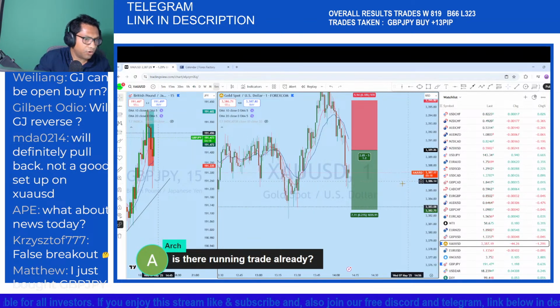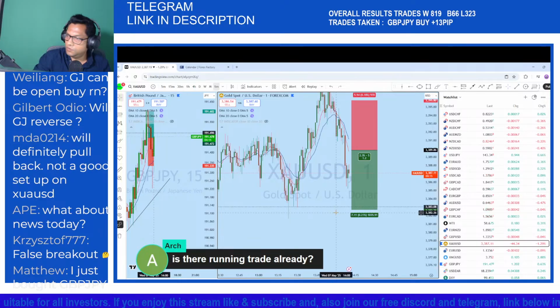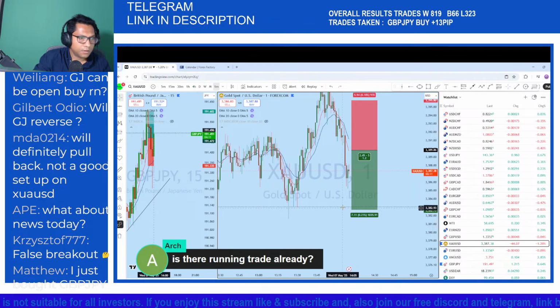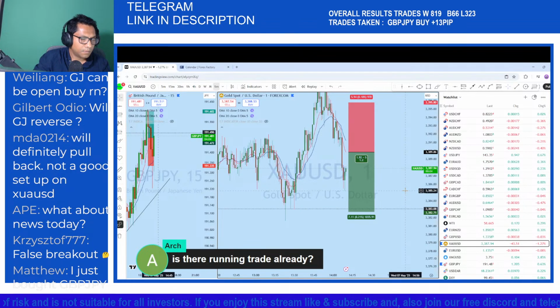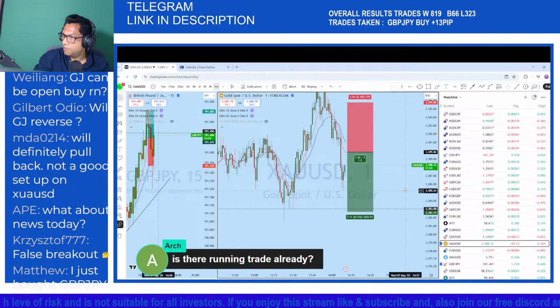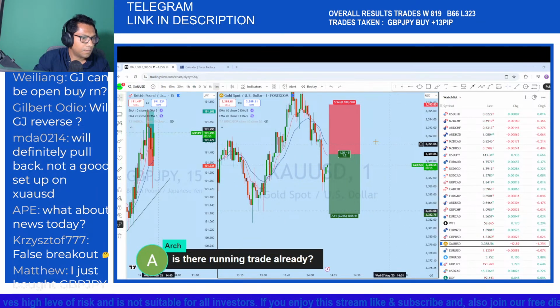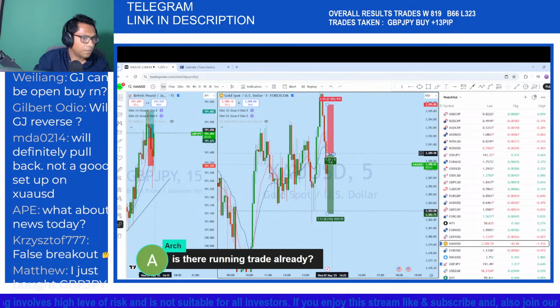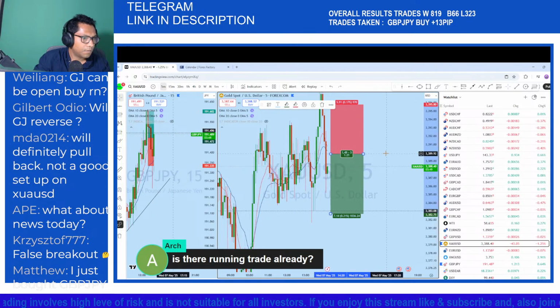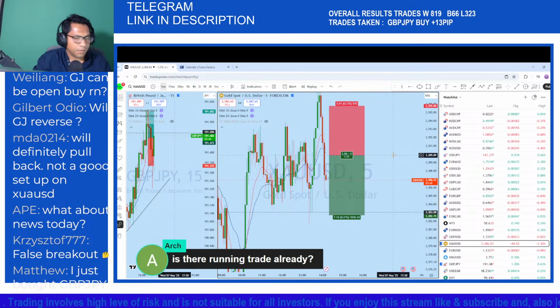So expecting a retest of this support. We're getting rejection.